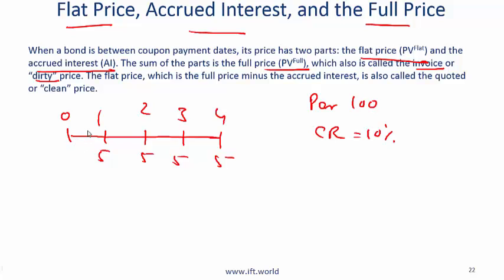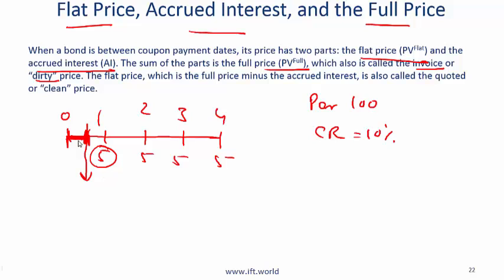Now the point is this: if you buy the bond somewhere in the middle of the first period, so I'll just make the numbers quite simple here, you buy the bond at this stage. The person who is selling you the bond should get some interest for holding the bond for half the period. So in fact, simplistically, if the next coupon is 5 and you are buying the bond here, you will get that 5.